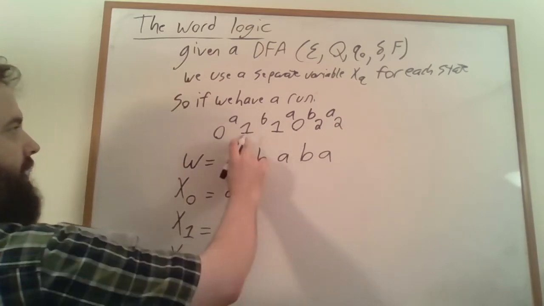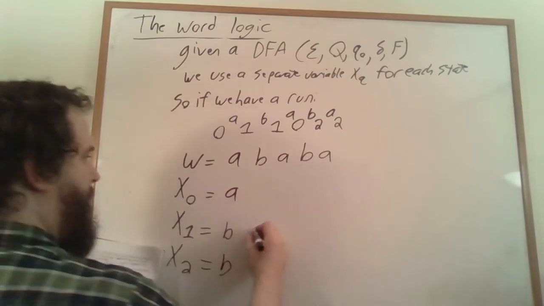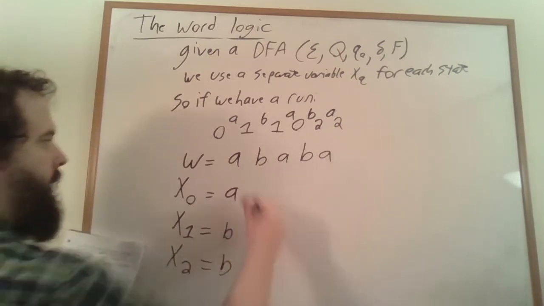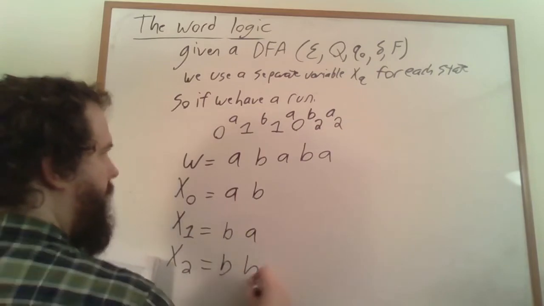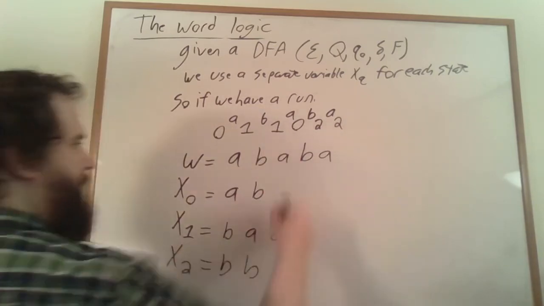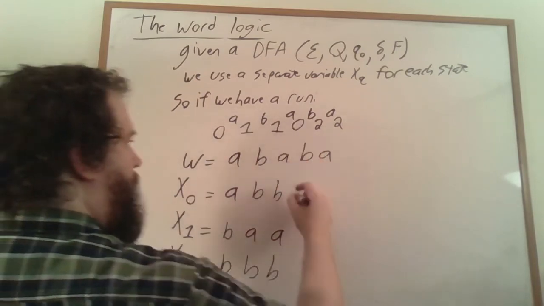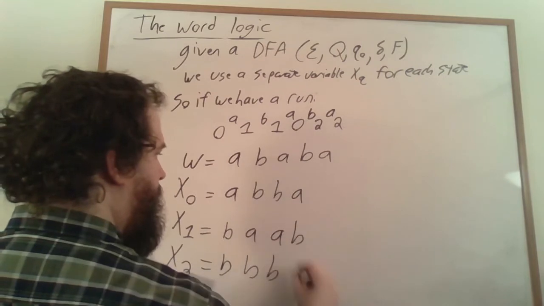To indicate that we're in state 1 in the next place, we're going to put an A in x1 and B's elsewhere. To indicate that we're still in state 1, we still have an A in x1. To indicate state 0, we put an A here.